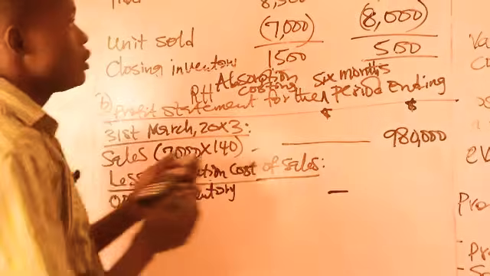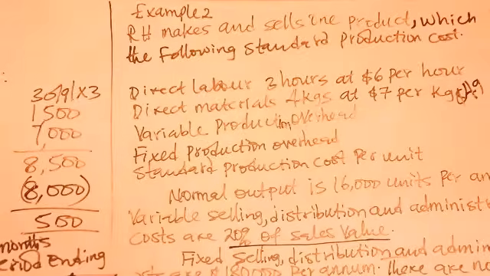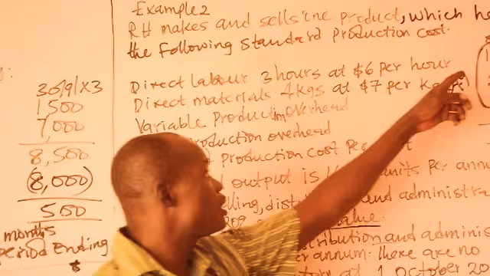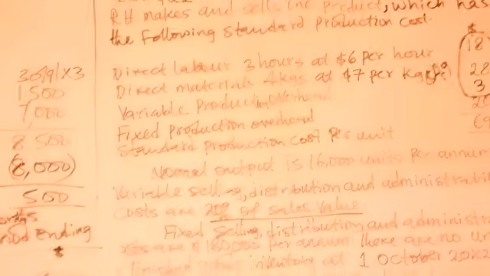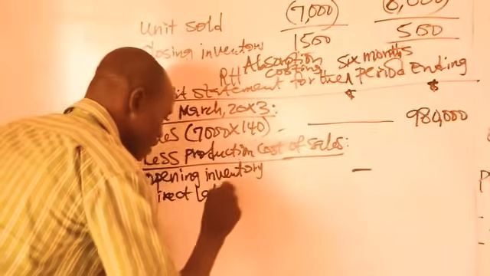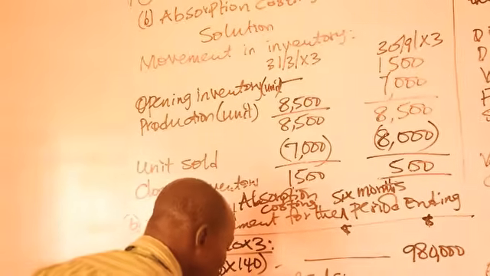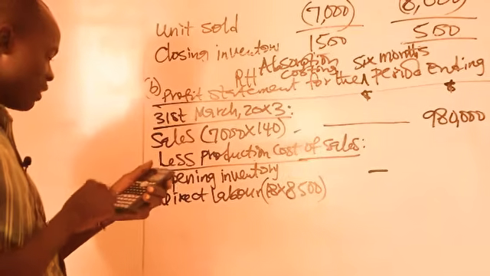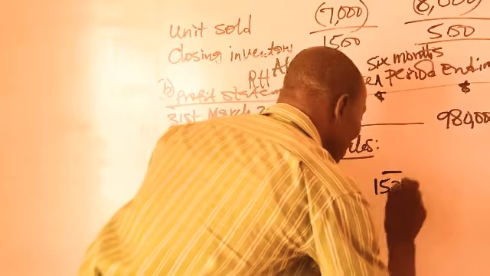Then you have direct labor, $18 times units produced, which is 8,500. 18 times 8,500 will give us 153,000.